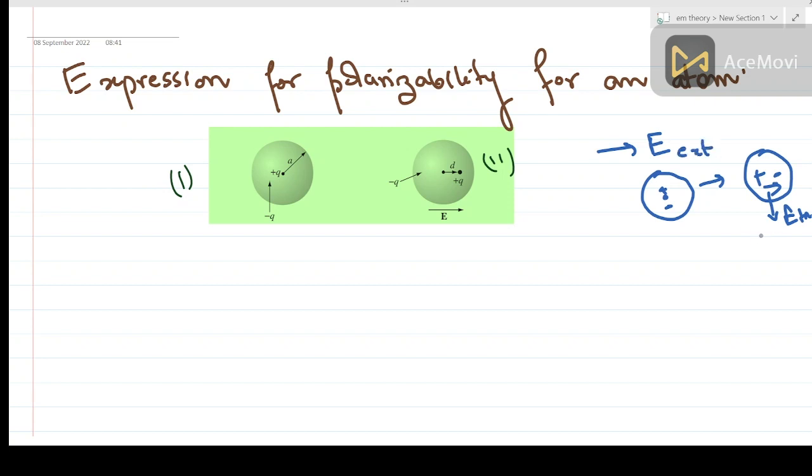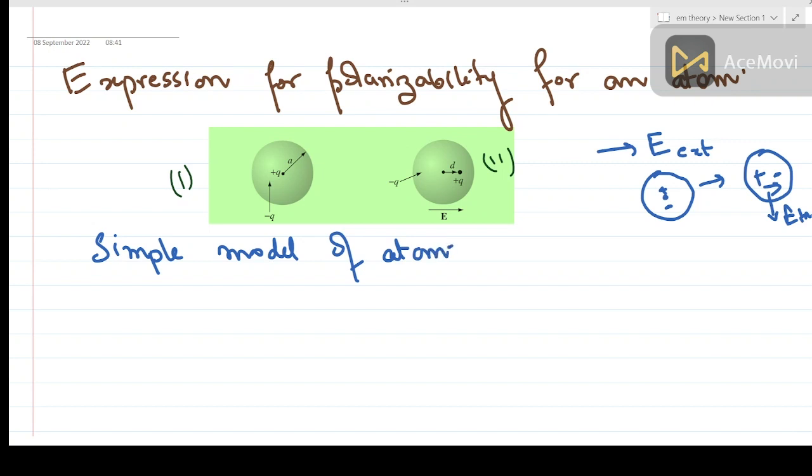So let us understand this with the help of a simple problem. We have taken a model of atom where we have a positively charged nucleus and a negative charge of electrons, negative electron cloud surrounding the nucleus. We have a simple model of atom.